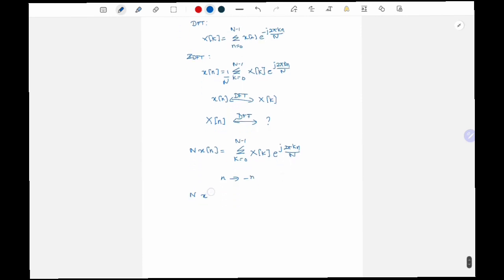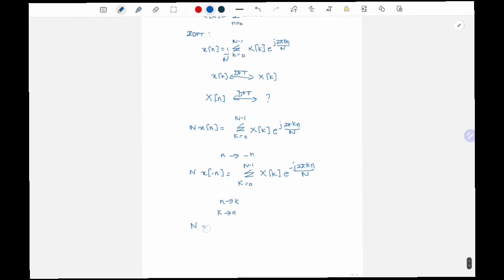So I'll get n x of minus n is equal to summation k equal to 0 to n minus 1, X of k e power minus j 2 pi k n by n. Now I replace n with k and k with n. So what I'll get, n x of minus k is equal to summation n equal to 0 to n minus 1, capital X of n e power minus j 2 pi, this anyway is the same, k n by n.